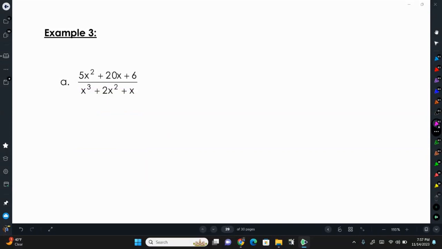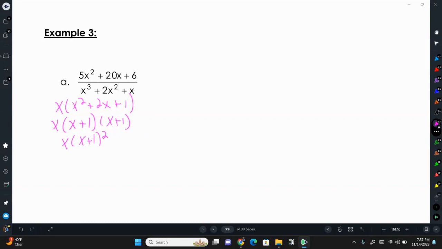So in example 3, we have the degree in the numerator smaller than the denominator, so we do not have to use long division. So I'm going to factor that denominator first, and then that would factor into x times x plus 1 times x plus 1, but then we're going to combine that to x plus 1 squared.